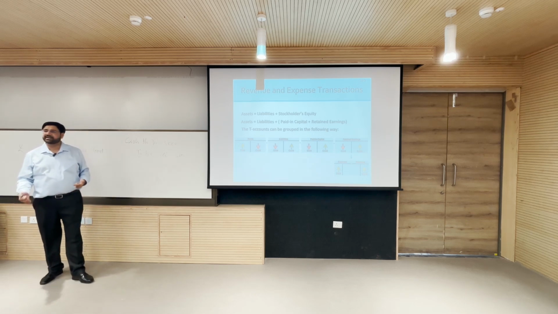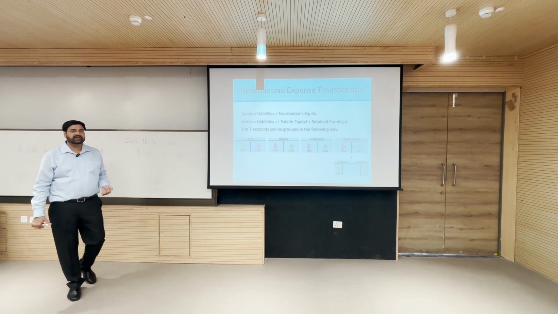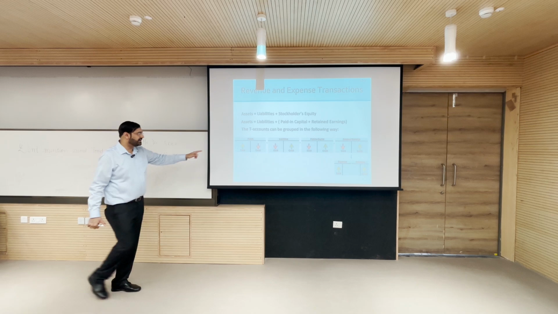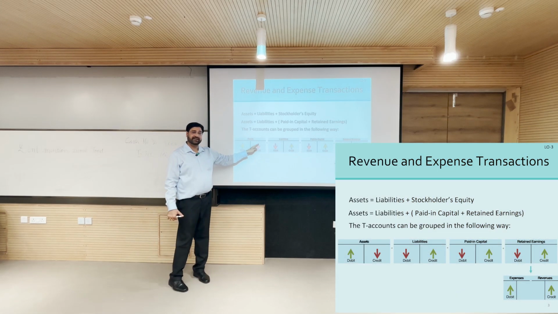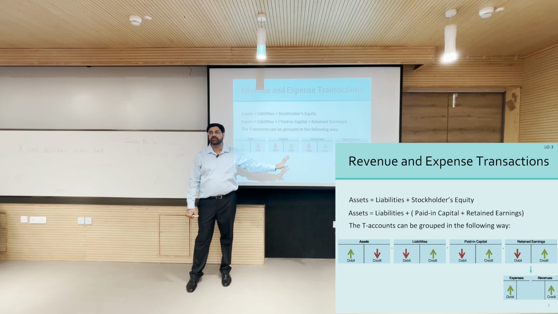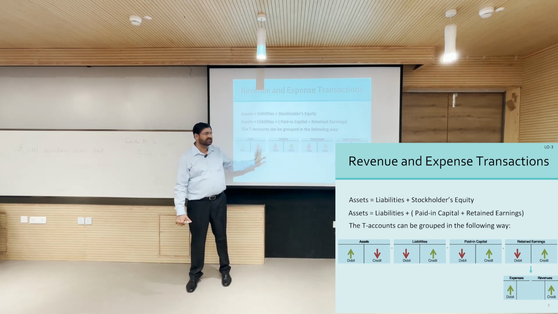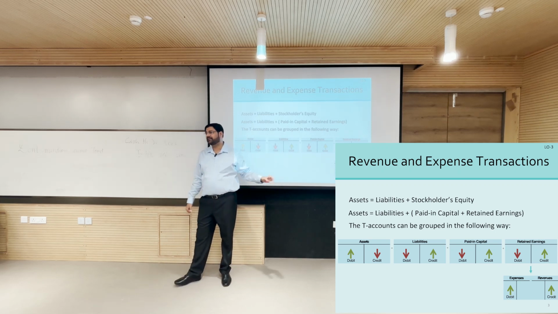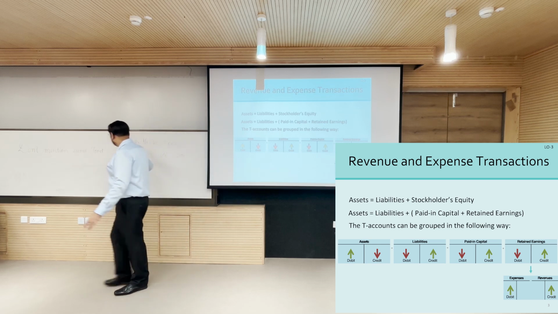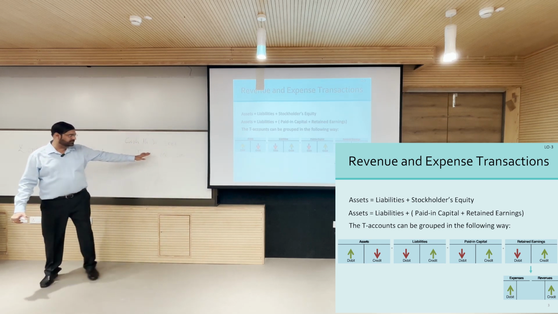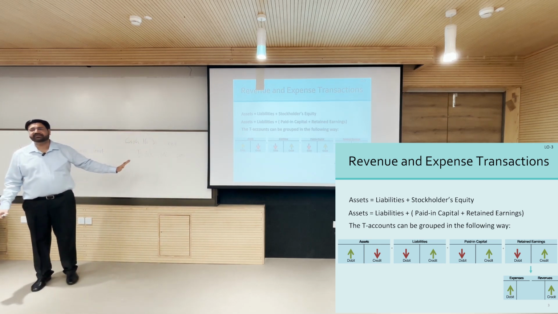Accounts receivable went down, how much? 5,000. Accounts receivable is an asset, decrease in accounts receivable is credit, right? This is all you need to know for accounting, passing debits and credits. That's it. That's how we have learned. So cash account is debited and accounts receivable is credited. That's how you pass journal entries.